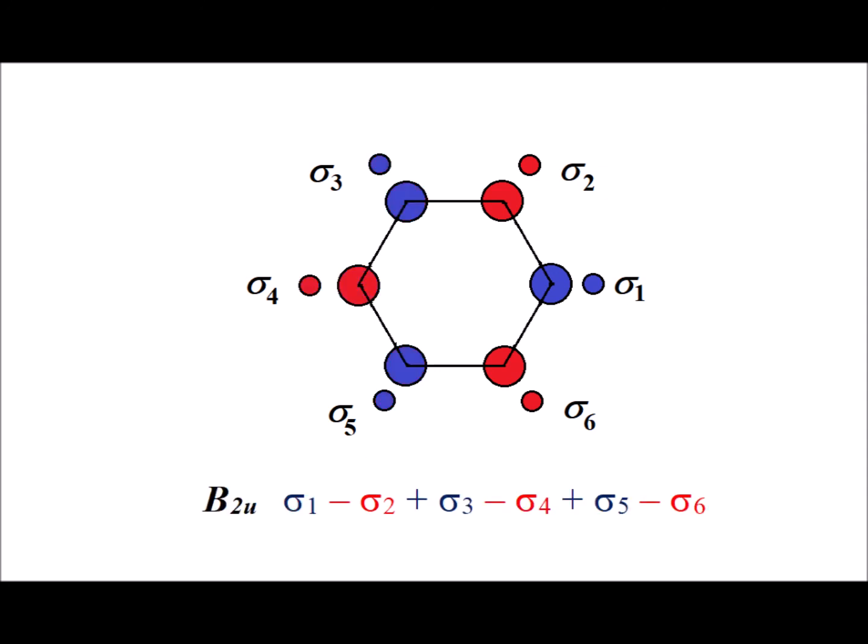And then finally, the highest one in energy among the sigma combinations, we have the B2U, showing the contributions of both the carbon atoms and the hydrogen atoms.